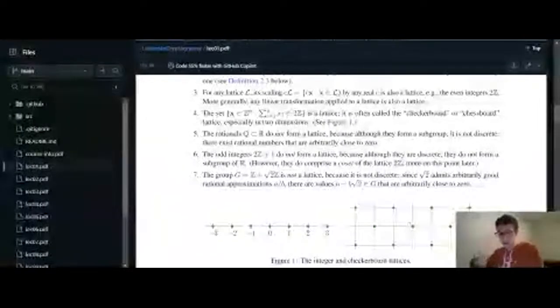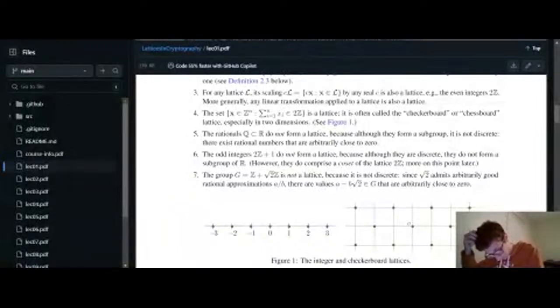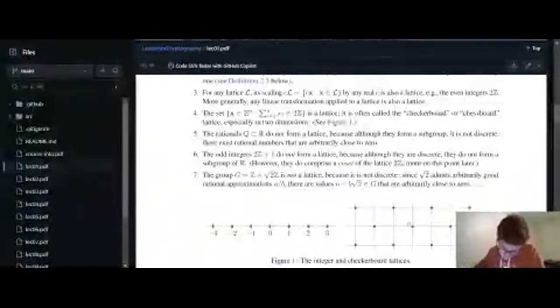Let's see. For 0, 0, in this case, i equals 1 and n equals 2, right? So it's going to iterate twice.